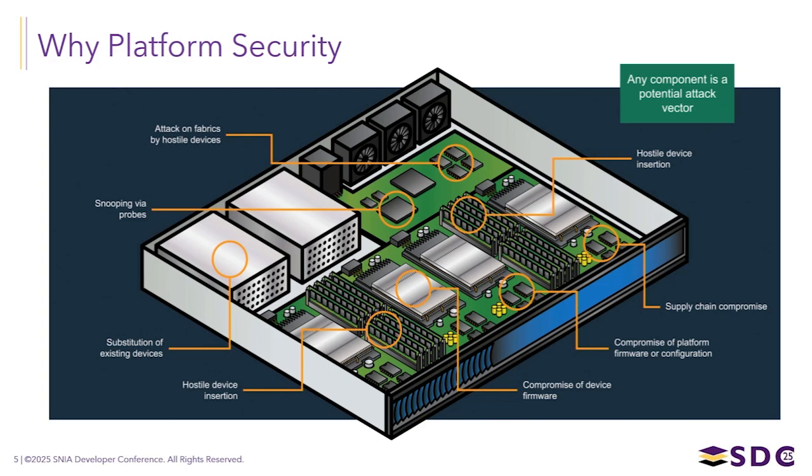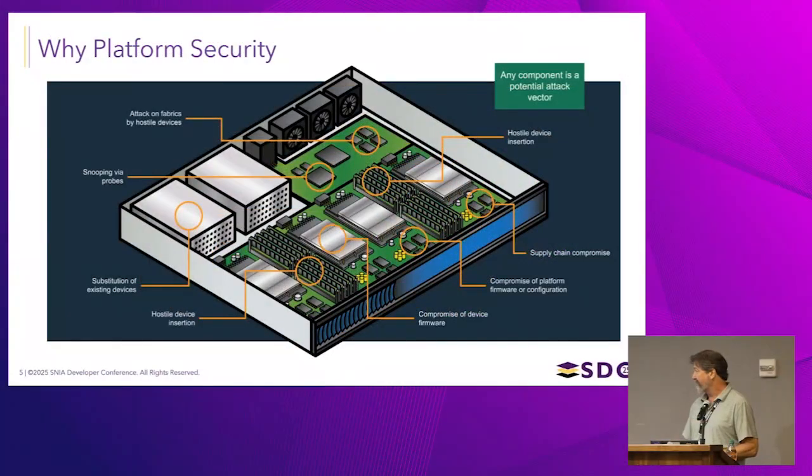It's all possible inside the box with somebody once they open the skin of that thing. Counterfeit devices, supply chain compromise. There are people that doubt whether some of that has happened, and I think some of us know that all of that has happened to one company or another at some point. And that was the whole point of SPDM: any component is a potential attack vector.